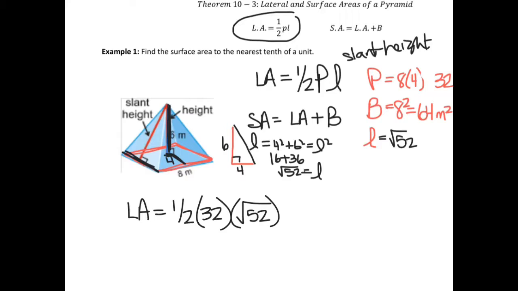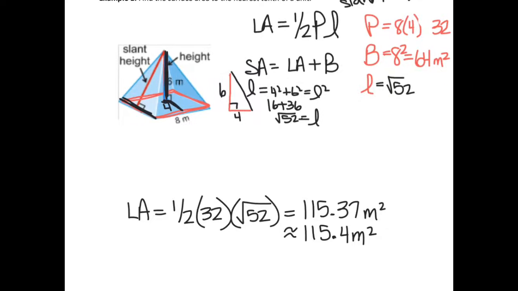And that is about 115.37 meters squared. So since I was rounding to the nearest tenth of a unit, 115.4 meters squared.